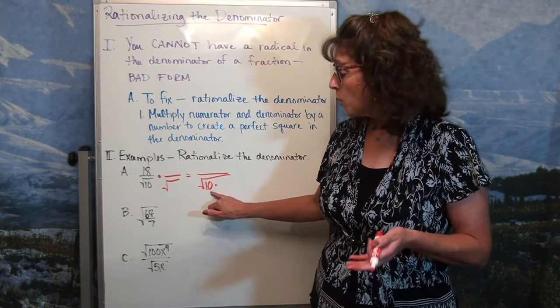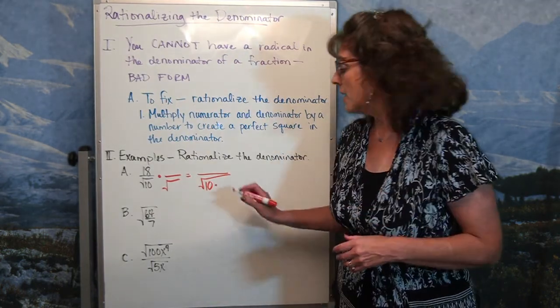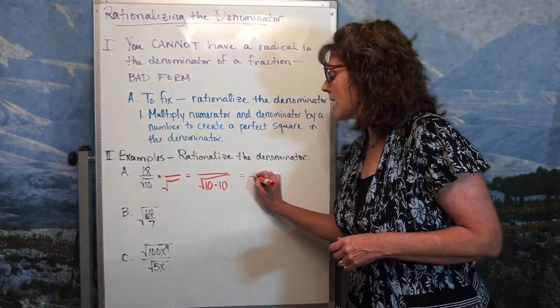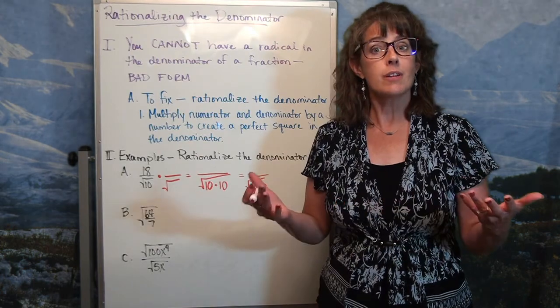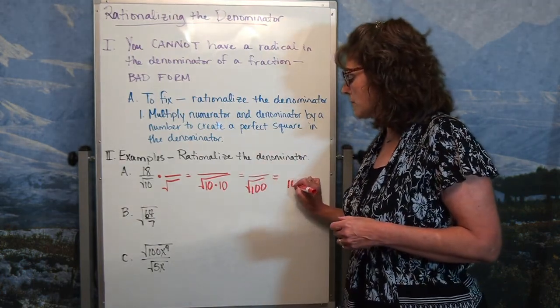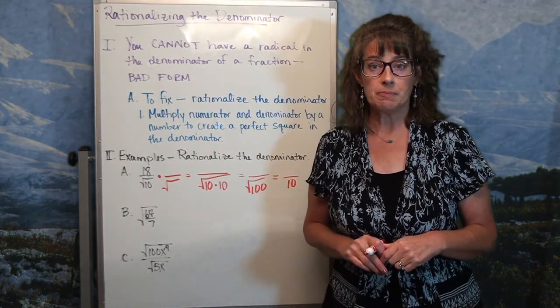What should I multiply to this 10? Yes, a 10, because 10 times 10 is 100. And what's the square root of 100? 10, because 10 times 10 creates 100. And voila, ta-da! The radical is gone.